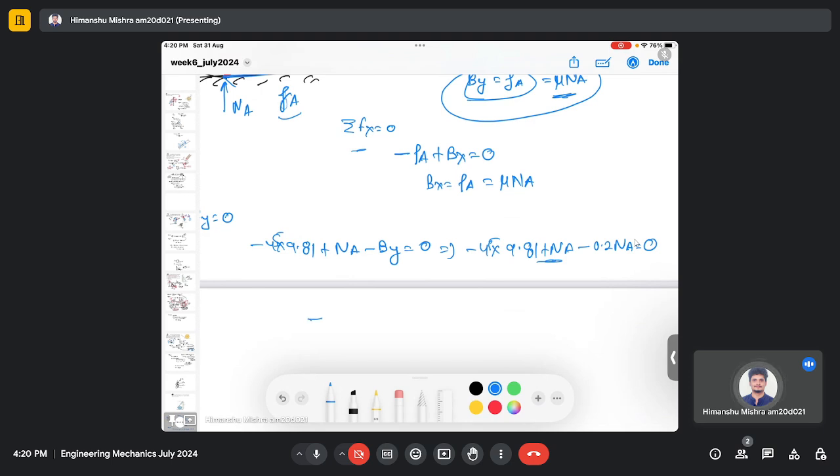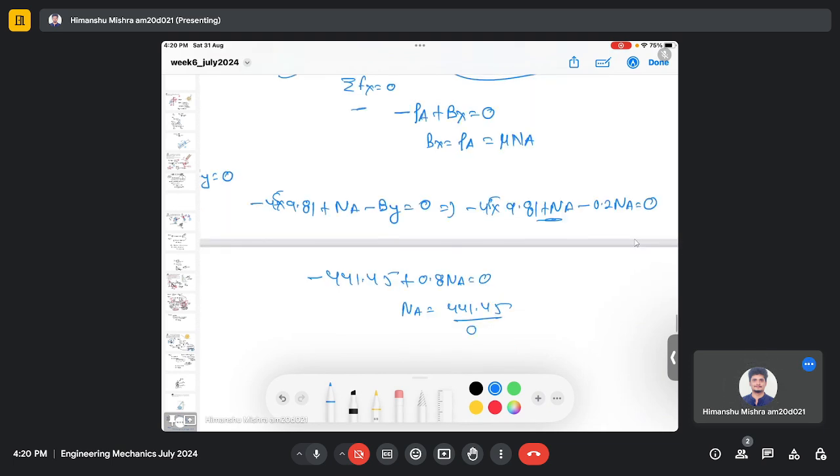So here we have minus 441.45 plus 0.8 Na equal to 0. So Na will be 441.45 divided by 0.8, so it will be 551.8 Newton.